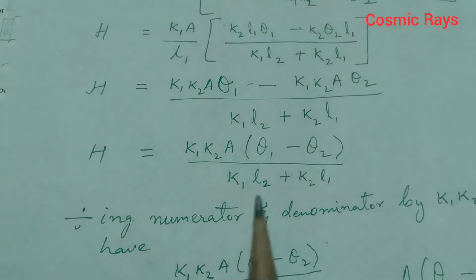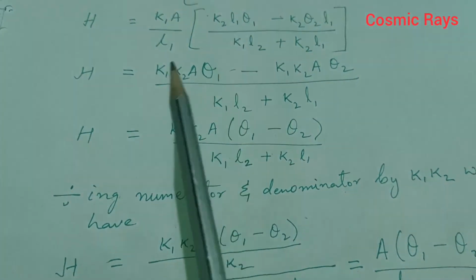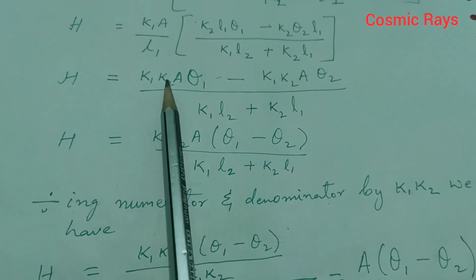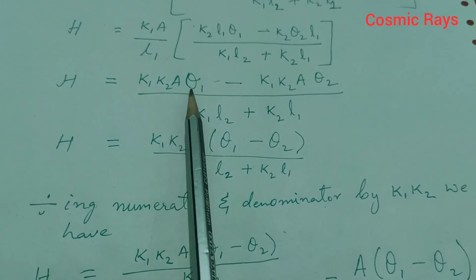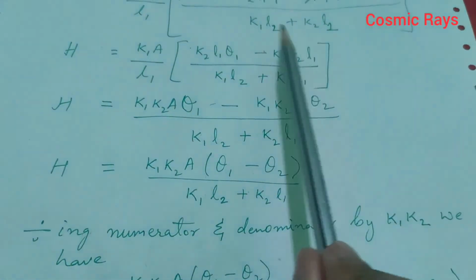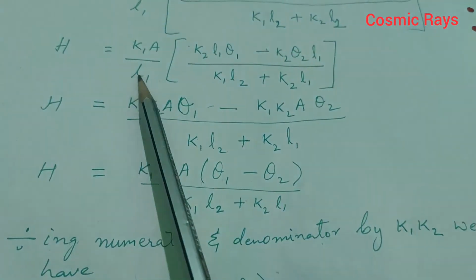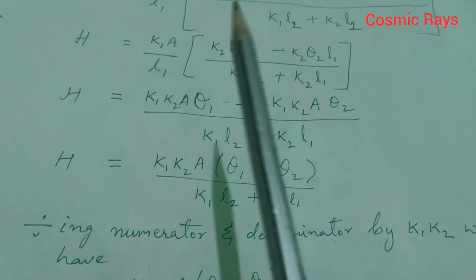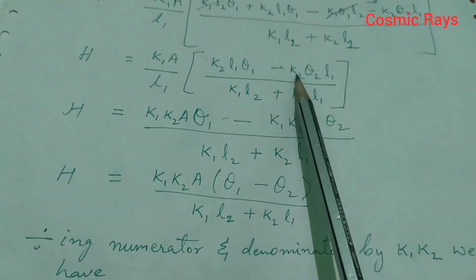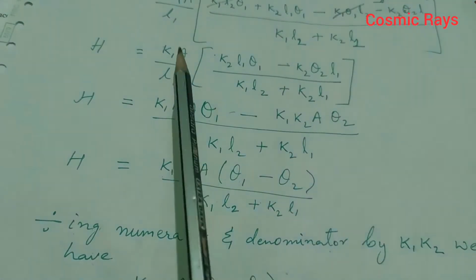Now we multiplied the quantities outside with the quantities inside. So the equation looks something like H equal to K1 K2 A theta 1. Why? Because L1 is taken out as common, and with this L1 it gets cancelled out, and minus these two terms, that is K2 theta 2 and K1A from the outside.